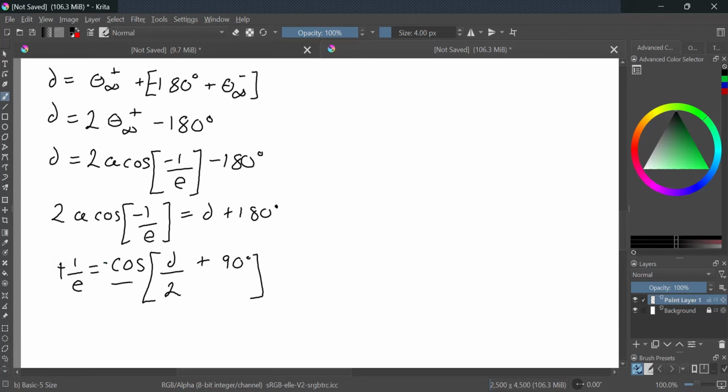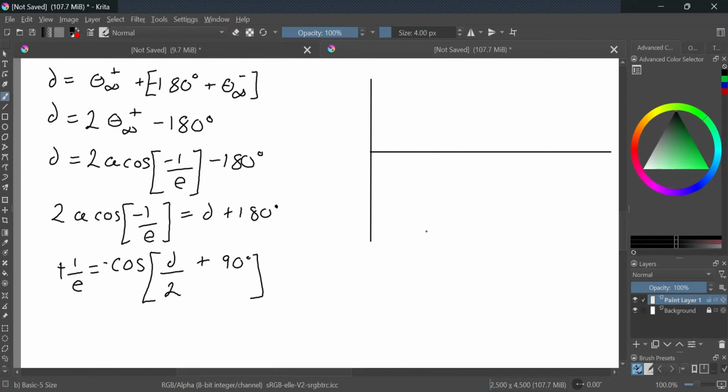Cosine plus 90 degrees. That screams to me that there is a phase shift in here. So if we were to make ourselves a minus cosine graph, we would get something that looks not like that.